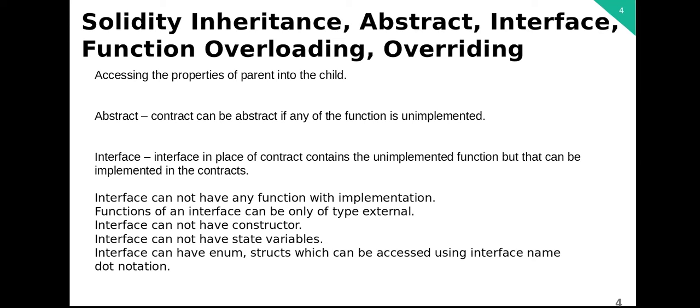So there is a difference between abstract and interface. Abstract will have implemented as well as unimplemented functions. Both can be there. In the case of interface, all functions will be unimplemented. Means implementation of the function cannot be done inside the interface. This is the same concept as in other languages.